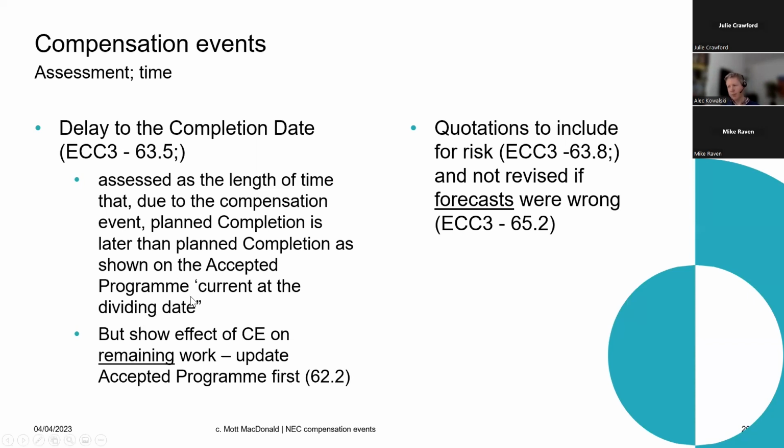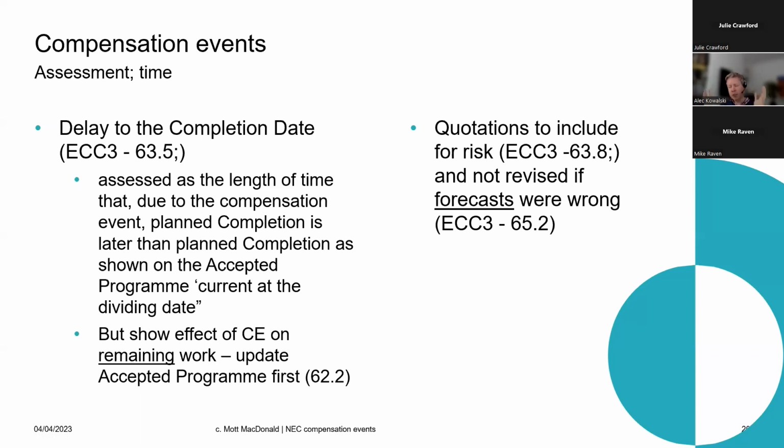Okay, the dividing date is the date of the notification of the compensation event, and we use actual events, so actual defined cost incurred and actual delay incurred up to the dividing date, and then we forecast beyond.